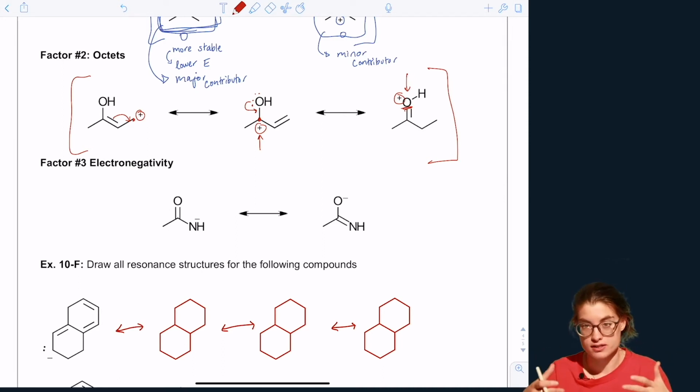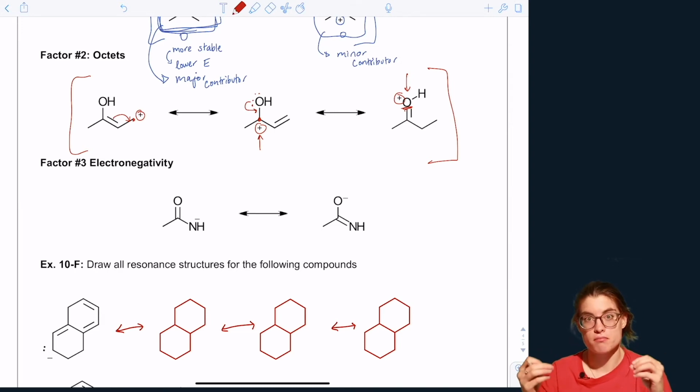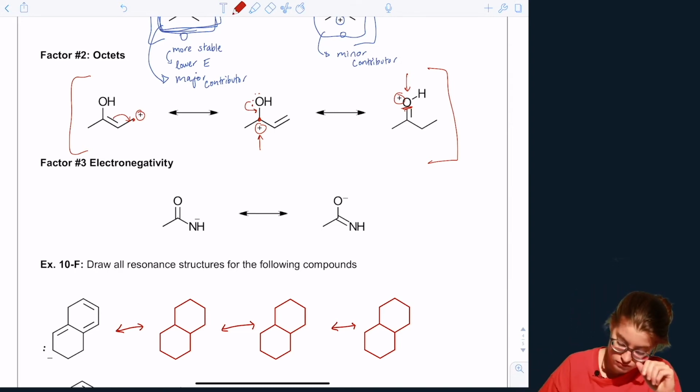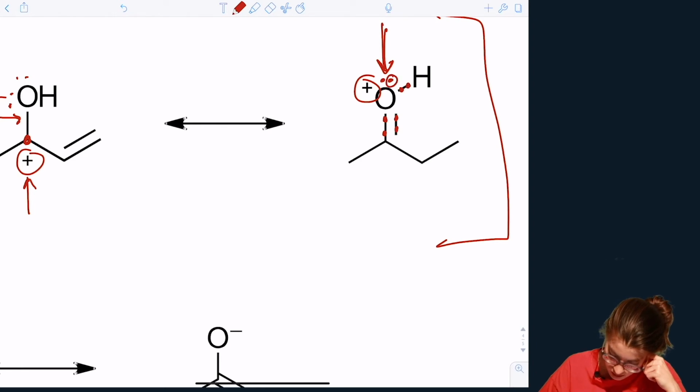When you're looking at this, the octet rule is very important. So this oxygen, let's actually look. We know that it has an octet because we have one lone pair. So 1, 2, 3, 4, 5, 6, 7, 8. Oxygen has an octet.